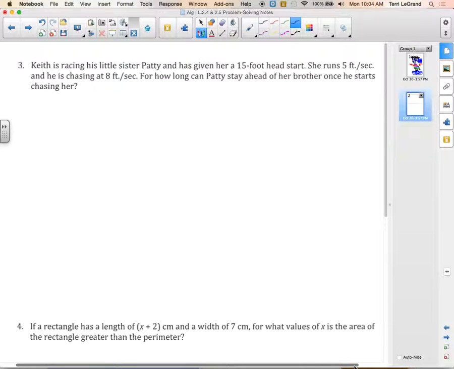Oh, okay, so we're trying to figure out how many seconds? Yes. Okay, so S is gonna be your variable in this case. Let's write that down then. S is time in seconds, okay? Because that's what the rate is measured in, feet per second, so that's a good choice.